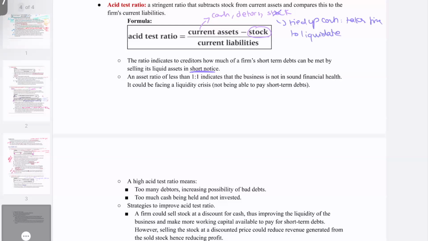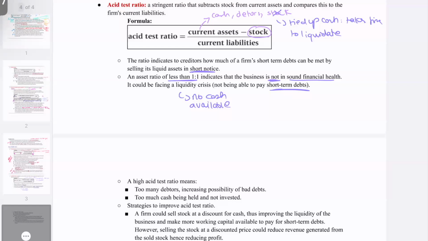And an acid test ratio of less than 1 to 1 indicates that the business is not in sound financial health. It could be facing a liquidity crisis, not being able to pay short-term debts because there is no cash available. Okay, that is the problem.